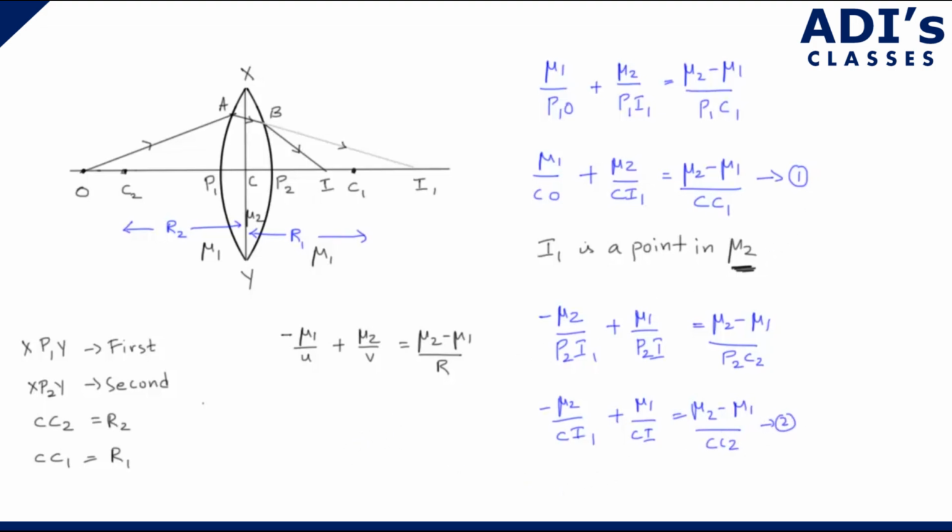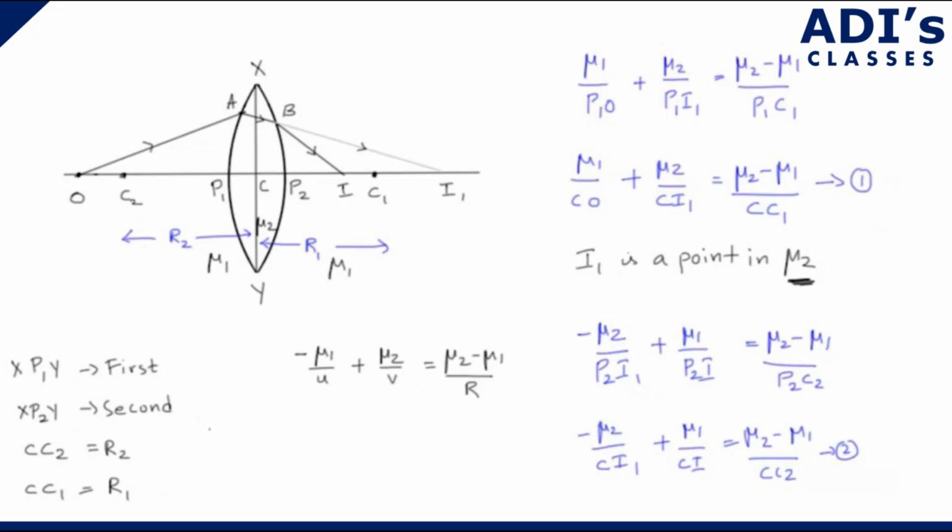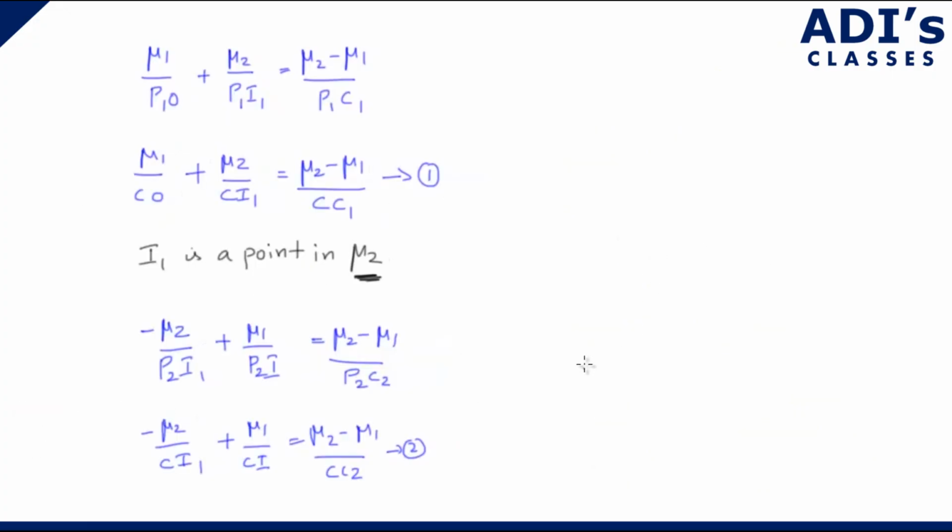Okay, now we have two equations, equation 1 and equation 2. Now we add these two equations. So we are doing 1 plus 2.